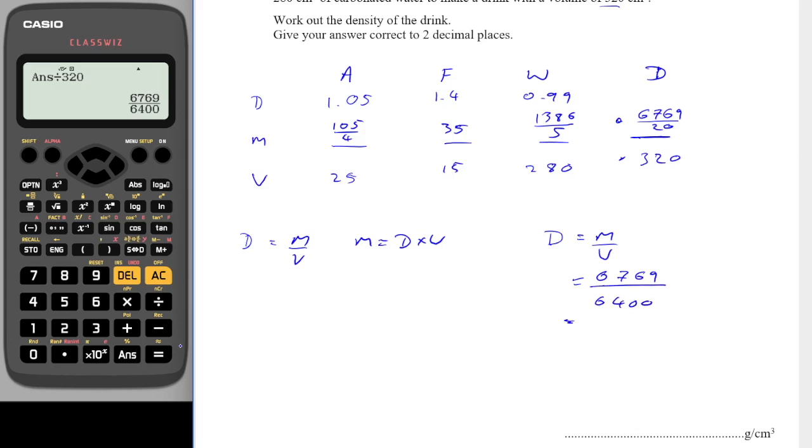So as a decimal, that's going to be equal to... I pressed the wrong button there. SD, that gives me the value of 1.05765.